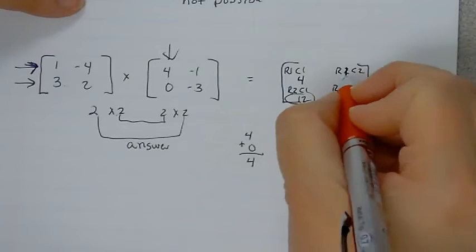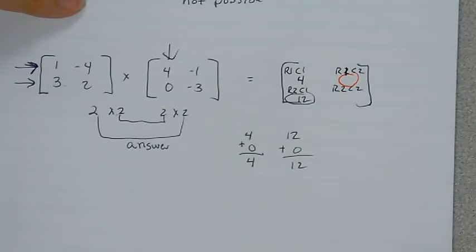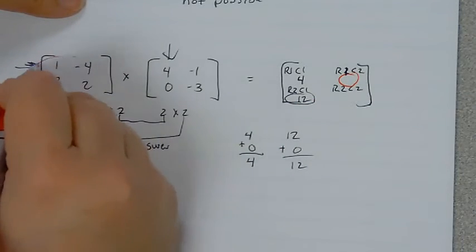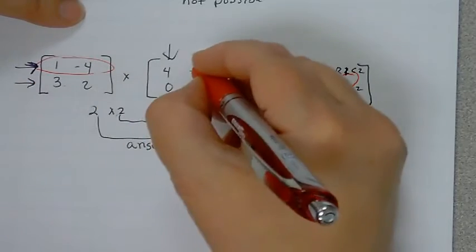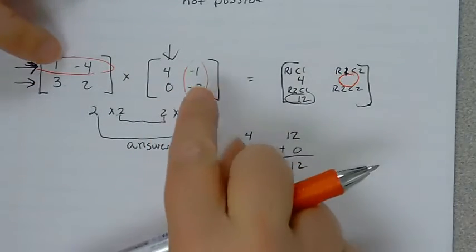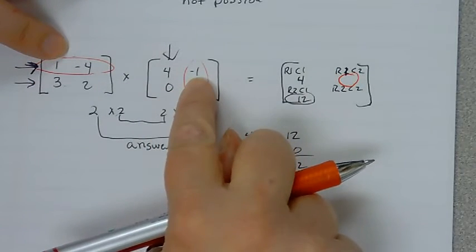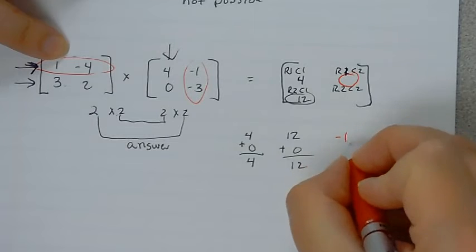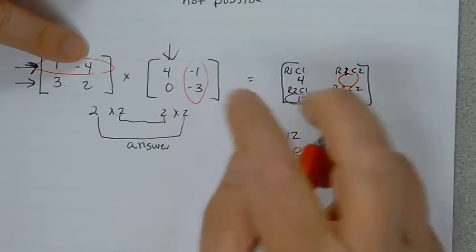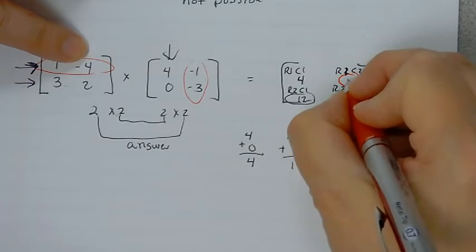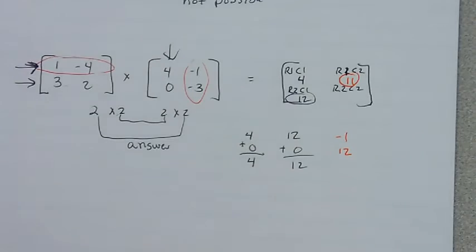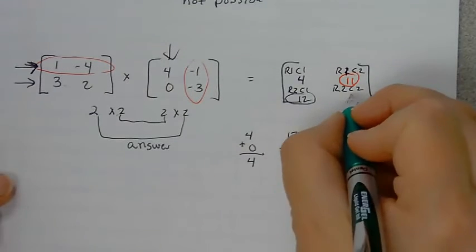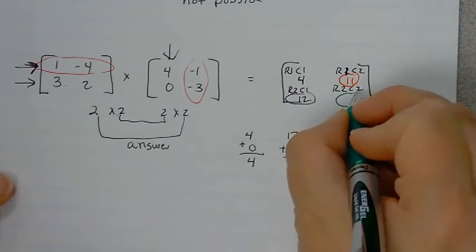Okay, let's go find this spot. This spot is going to use row 1 of the first and column 2 of the second. So 1 times negative 1 is negative 1. Negative 4 times negative 3 is positive 12. So in that spot, I'm going to put an 11. Okay, let's think about the last spot. The last spot is row 2, column 2.